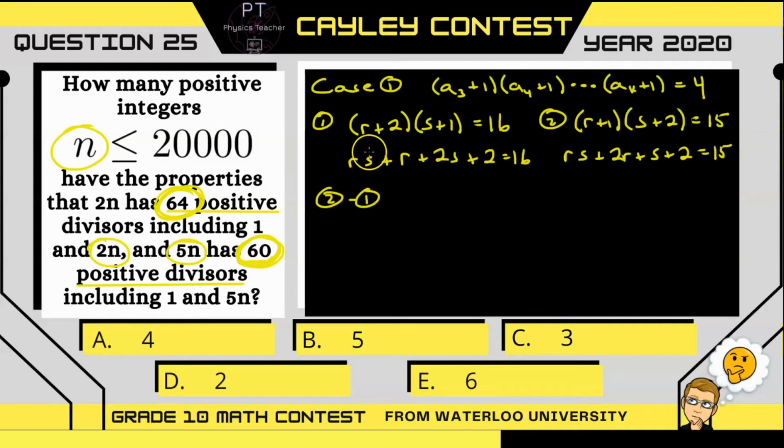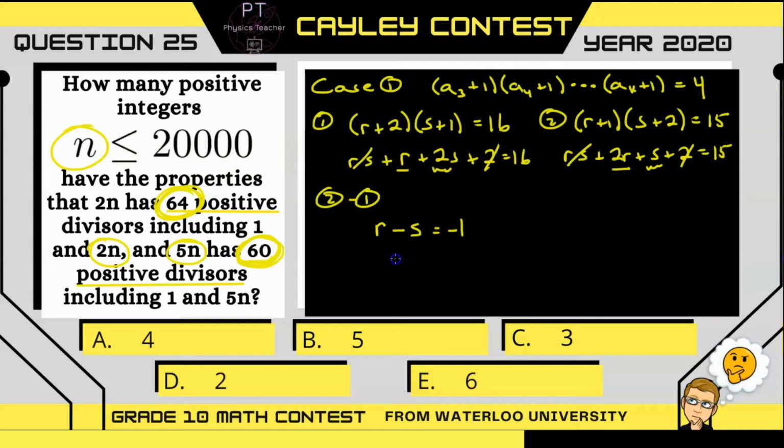So notice that the first term in each equation is going to cancel when I subtract them. Then I'll have 2r minus r, which is just r. And then I'm going to have s minus 2s, which is minus s. And 2 minus 2 will go away. And 15 minus 16 is negative 1.